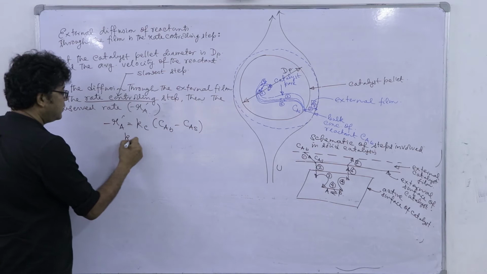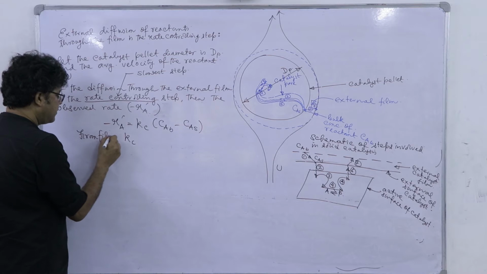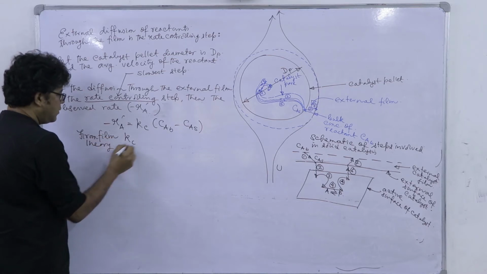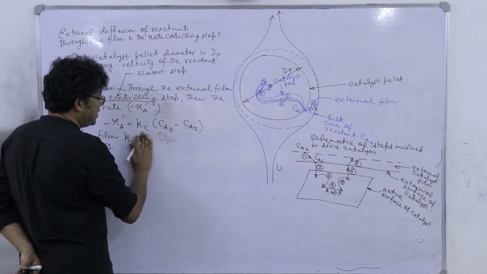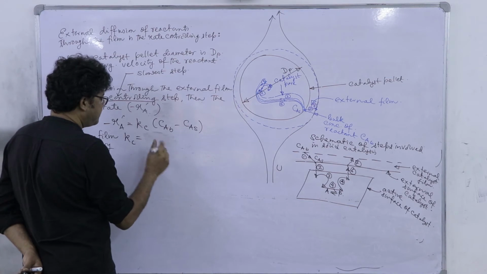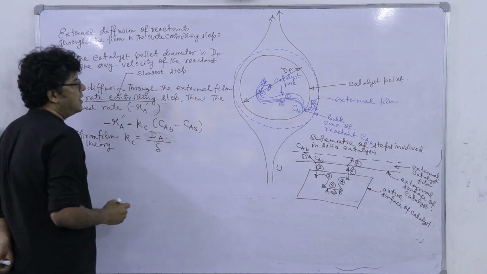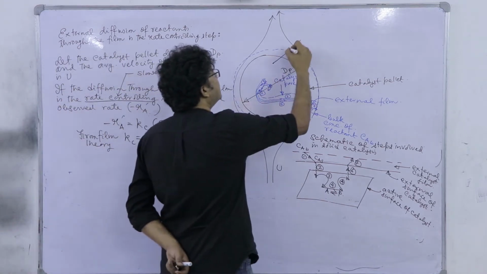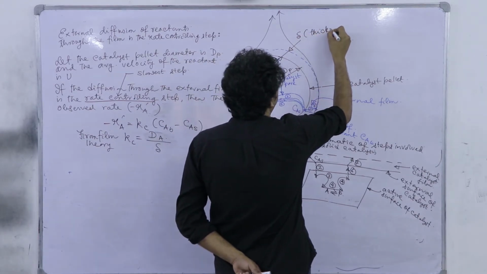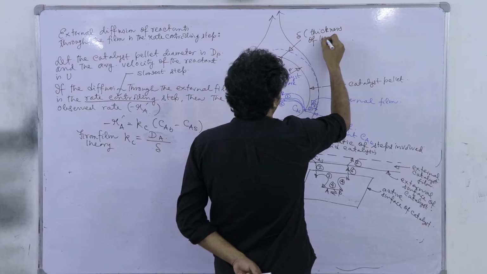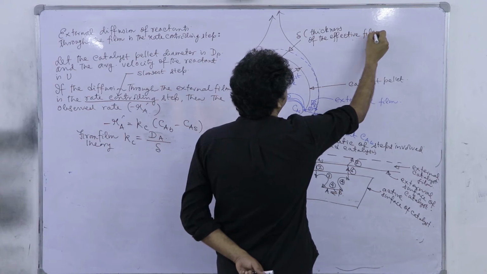Now, from film theory we can write this Kc as the diffusivity DA divided by delta, where delta is the effective film thickness.